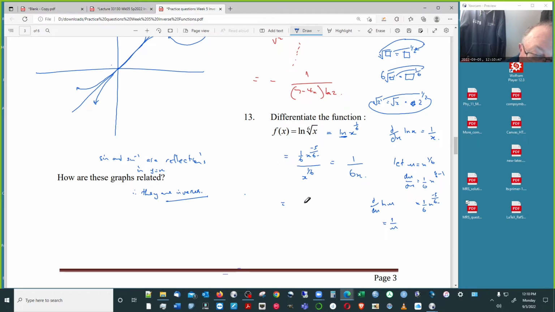So our final answer is going to be those two chained together. And when you put all those together, you get 1 over 6x. So there's a little bit of thinking that you've just got to be wary of when you're differentiating those, and it's not straightforward.